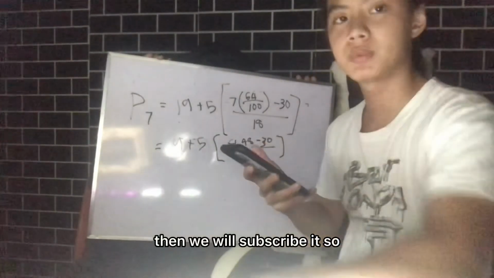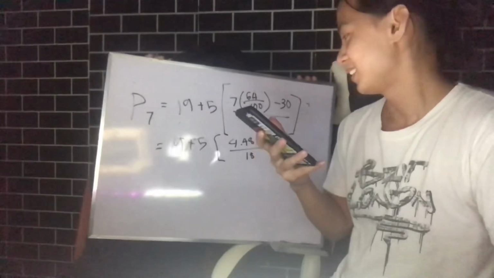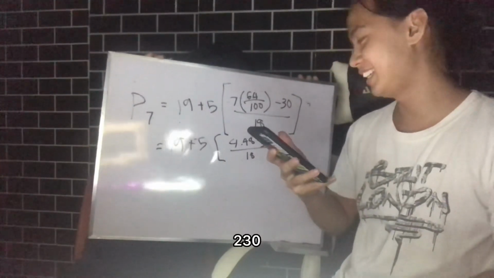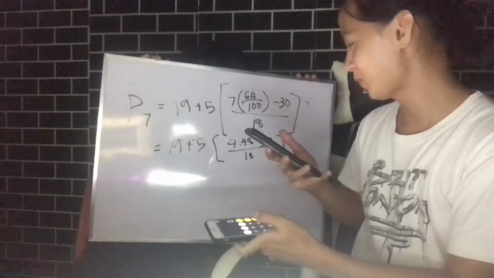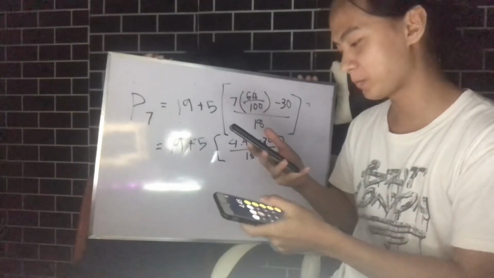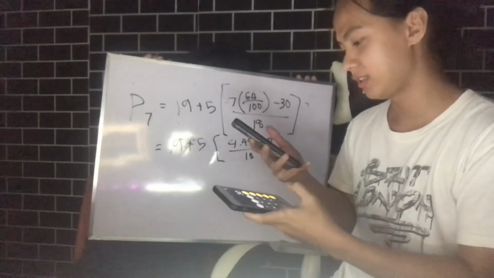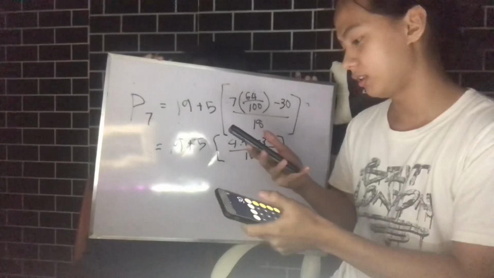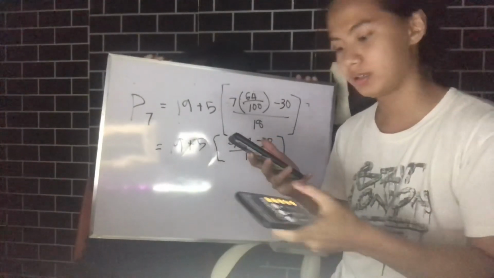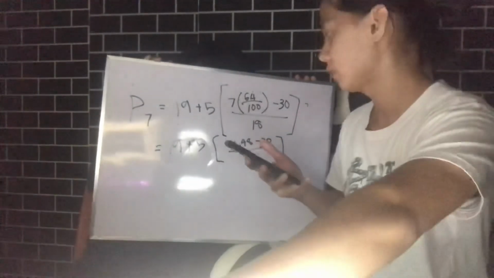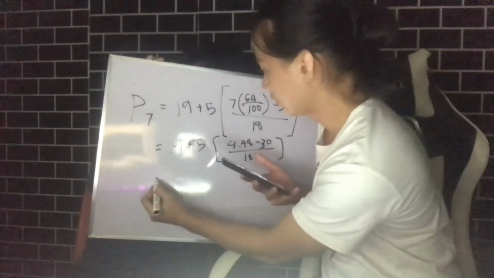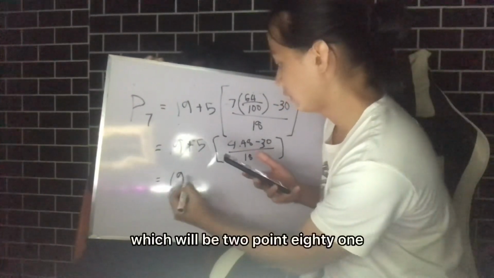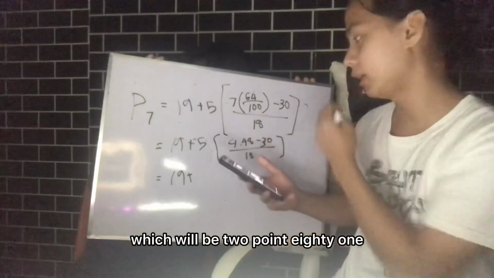Then we will subtract it from 30, divided by 18, which will be 2.81.